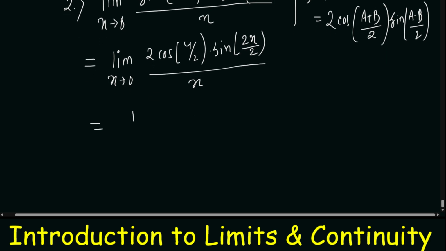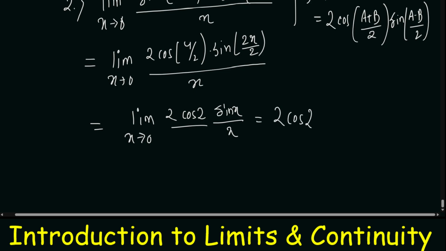This gives us limit x tends to 0, 2 into cos 2, and we have inside sine of x by x. Since this is a constant and we learned in the properties, the constant simply comes out as a multiplied version. We simply have the answer 2 cos 2 into limit x tends to 0 sine x upon x. And this is our required answer.